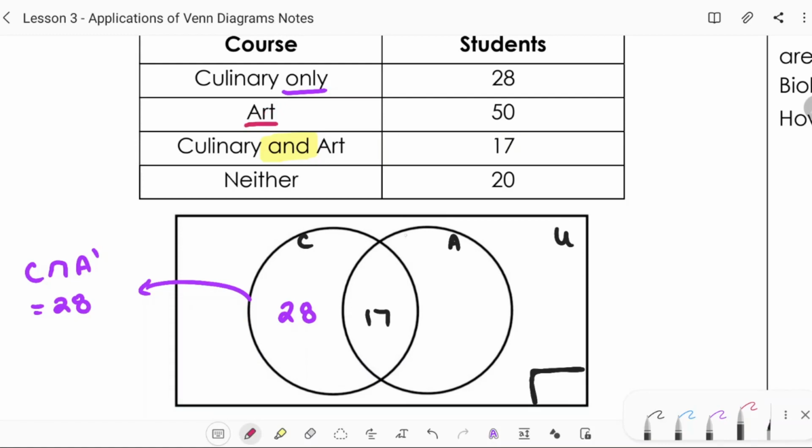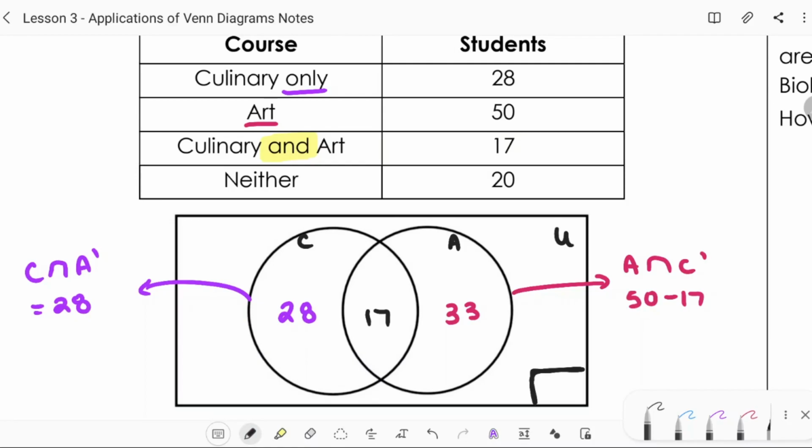So this we're assuming is the whole set of art, including that intersection. So here, where I'm looking for art and not culinary, I'm actually going to do a bit of a calculation. There's 50 students in art, but I've so far double counted those 17 that are also in culinary, so I'll subtract. So I'll be left with 33 students that are in art only.